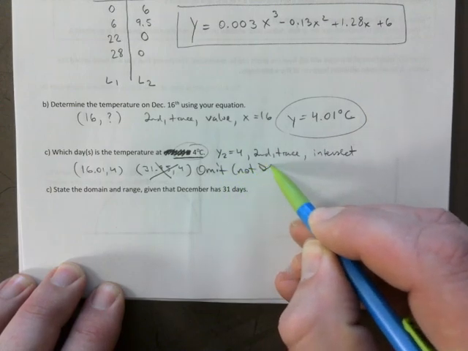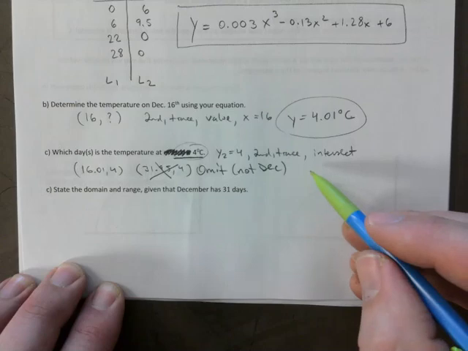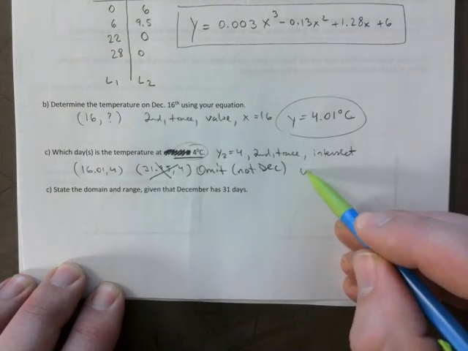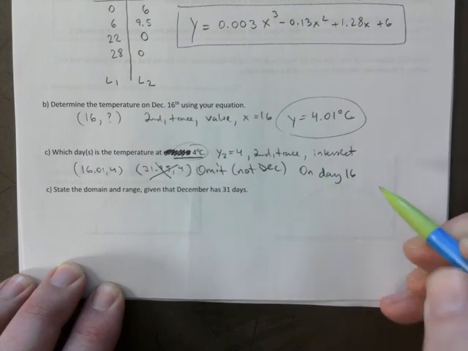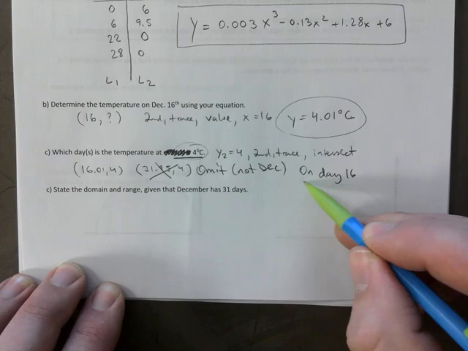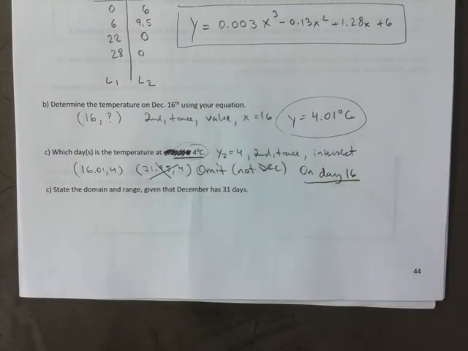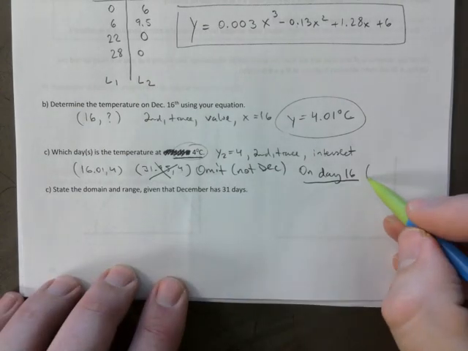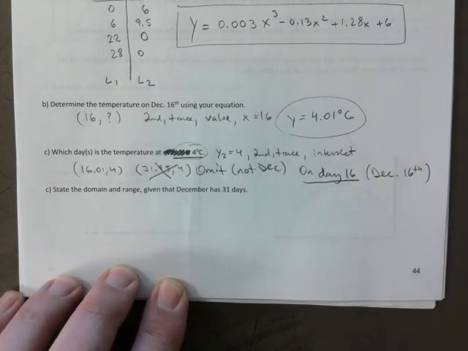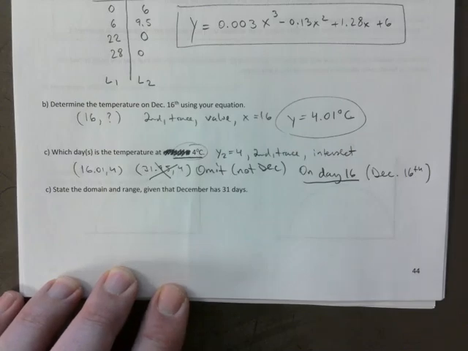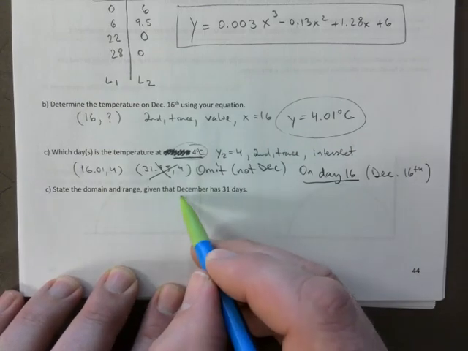Not December anymore, okay? So we would just say on day 16 the temperature is at 4 degrees Celsius on day 16. Or you can say December 16th, if you'd like. Oh, it says it right there, December has 31 days.